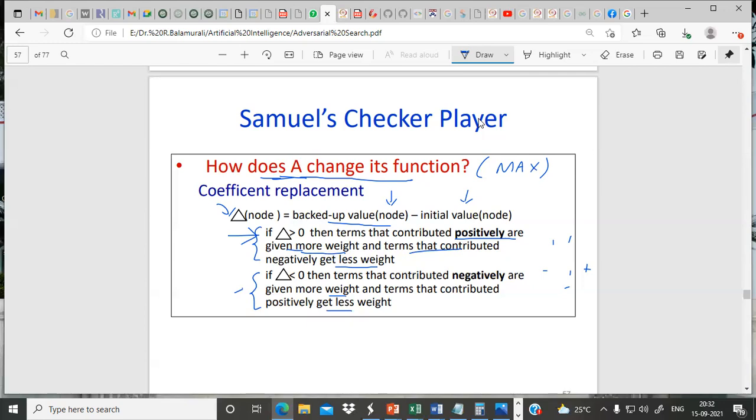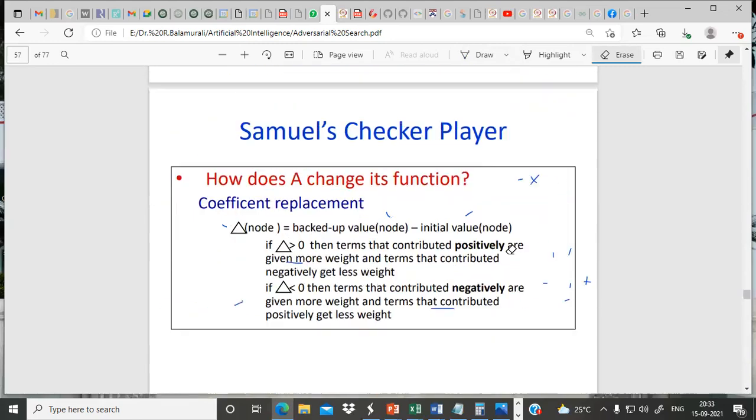When you increase the weight, they will become more negative, and the terms that contributed positively have their weights decreased. So the value will become much lesser than 0. It means the algorithm will not take this path; it will take the other path, right? So this is how the concept of learning works.